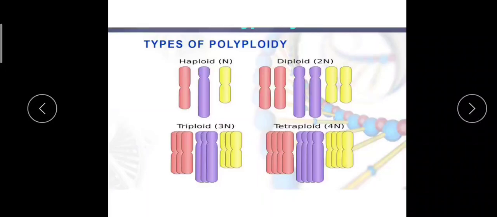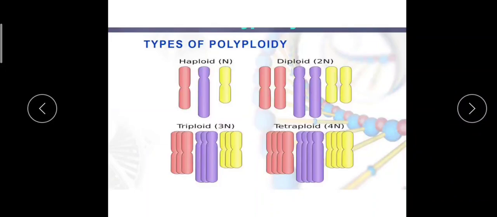But in the case of a diploid species, the monoploid number is equal to the haploid number, because the organism is diploid, the haploid will be just half, and the monoploid is also equal to the haploid number. So that is the difference between monoploid and haploid. It is not always equal to the haploid number. In polyploids it is different, but in diploid organisms it is equal to the haploid number, and monoploid is represented by the letter X.